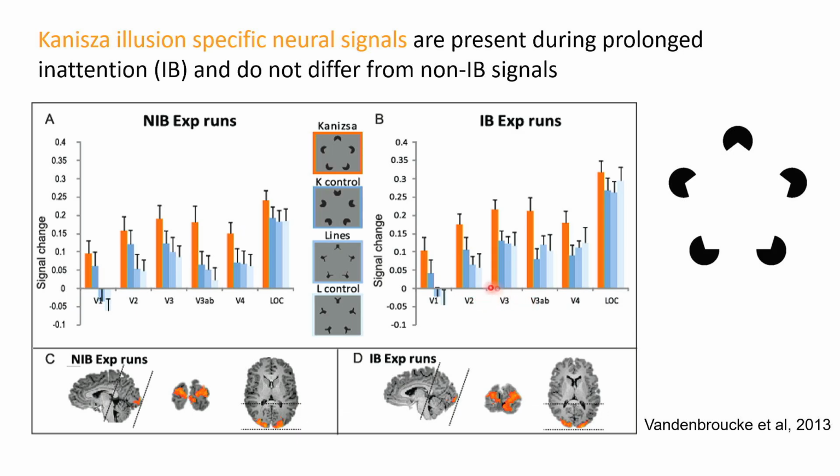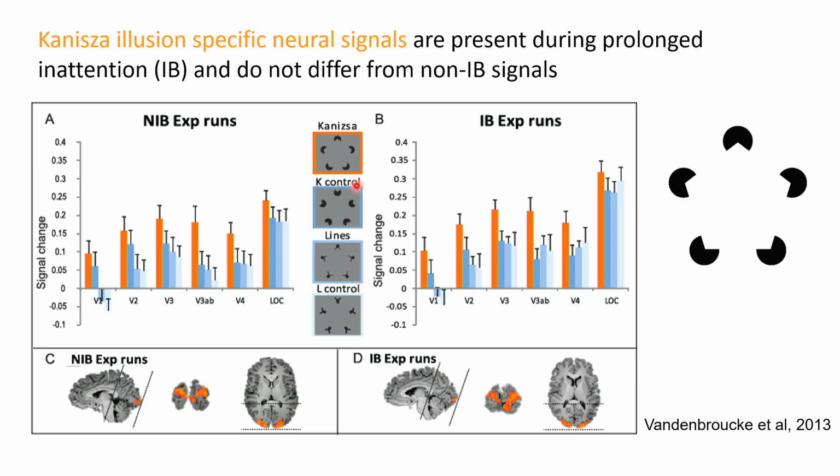Then this is compared to a situation where subjects were not attending to these stimuli, but had to attend to some letters which were presented in the center of the screen. And then, just like with the gorilla experiments, they were asked afterwards whether they actually noticed that there were some of these Kanizsa figures every now and then. Of course, these were all mixed.